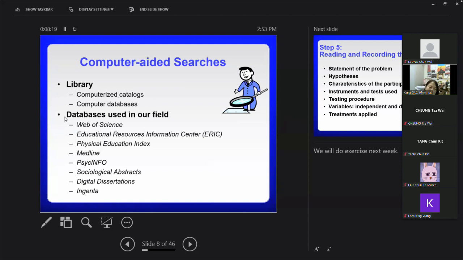The commonly used e-databases in our e-library, relevant to our area, include, for example, Web of Science, the Educational Resources Information Center, Medline, PsycINFO, and so on.